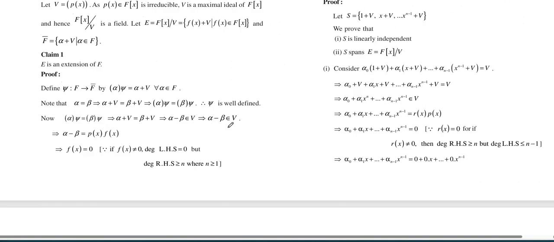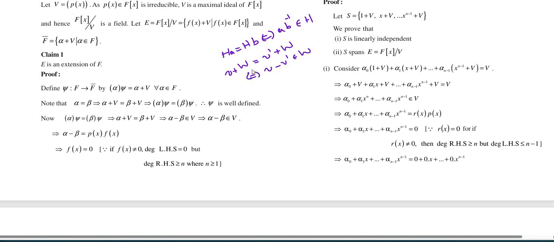Next, to prove one-to-one, we consider alpha psi equal to beta psi, and that gives alpha + V equals beta + V. And from here, this is one of the results from BSc, even in groups, a very famous result, that Ha equals Hb if and only if ab inverse belongs to H. The same way in the case of vector spaces, if you have v + W equal to v' + W, then v minus v' should be in W. This is an if and only if condition.